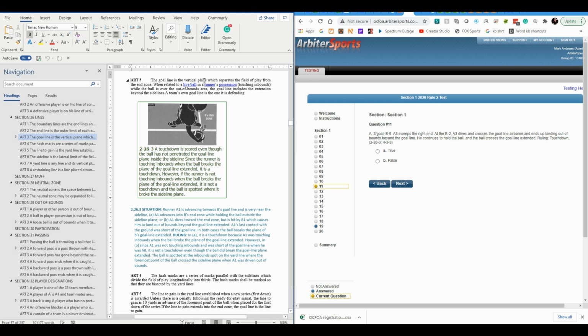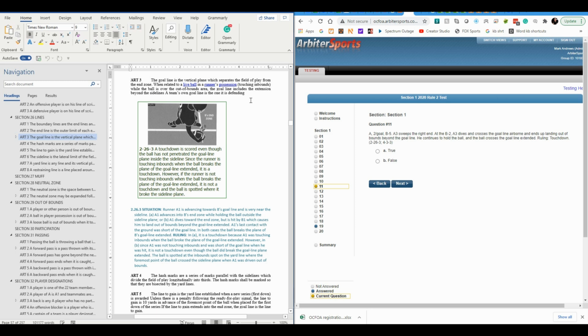It is a vertical plane which separates the field of play from the end zone. When related to a live ball in a runner's possession, that's what we're talking about right here, touching in bounds while the ball is over the out of bounds area, the goal line includes the extension beyond the sidelines. A team's own goal line is the one it's defending.